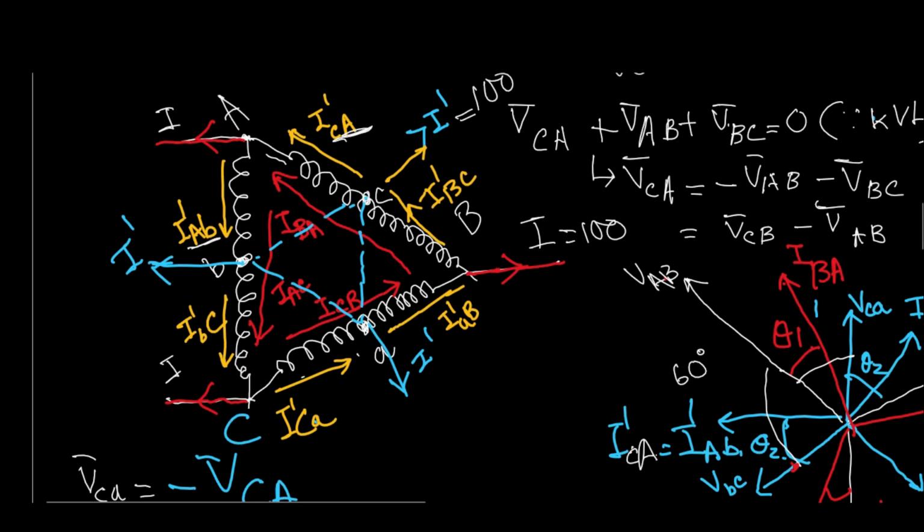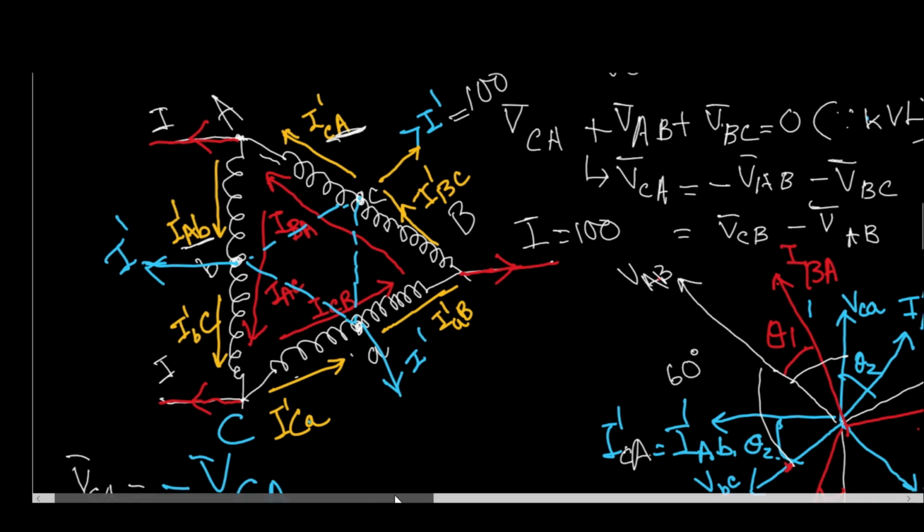So they should lag this VAC, or VCA, better to say VCA, by an angle, how much? That is theta 2. Theta 2 is the angle of the secondary. So then what will we get?